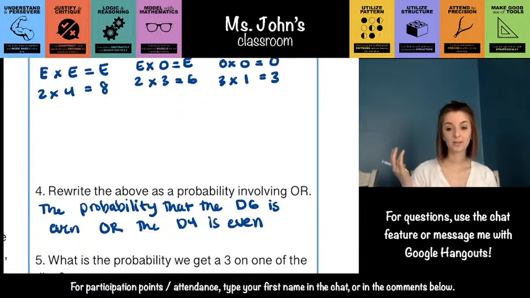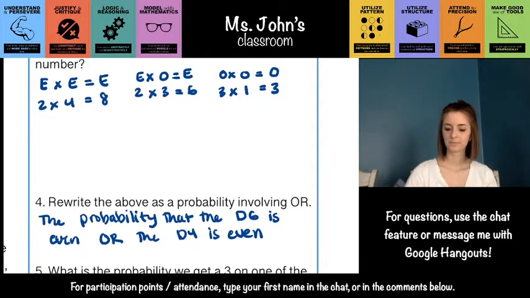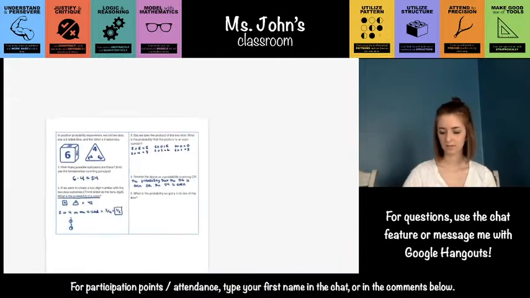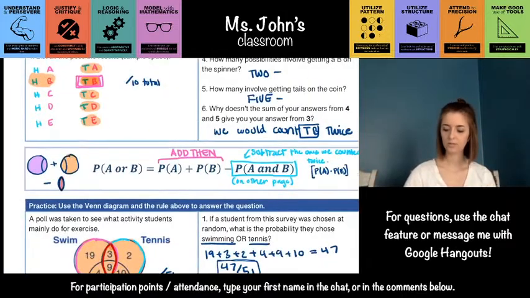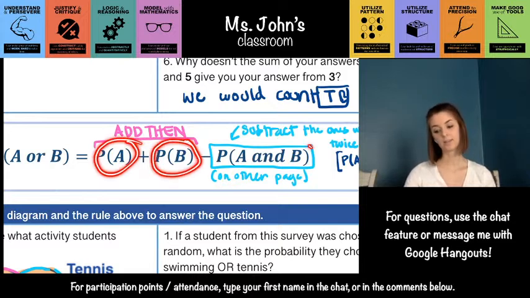So what we're actually calculating is this or probability, even on the D6 or even on the D4. So first, hang on, I'm going to scroll back to here. Because we're using this formula here, I'm going to calculate the probability of the first die having an even, the probability of the second die having an even, and then the probability of them both having an even.